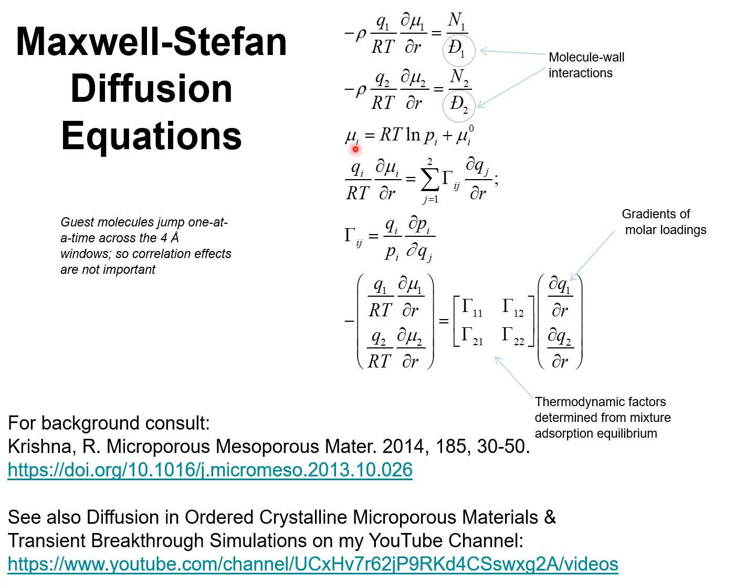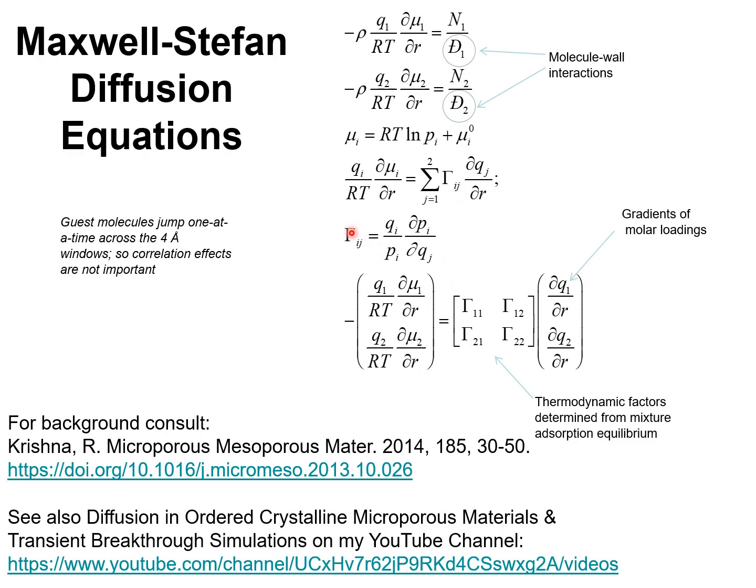The chemical potential of any component in the adsorbed phase can be related to the partial pressures in the bulk gas phase from this expression, and therefore the chemical potential gradients can be written in terms of the gradients of the molar loadings by defining a matrix gamma ij of thermodynamic correction factors.